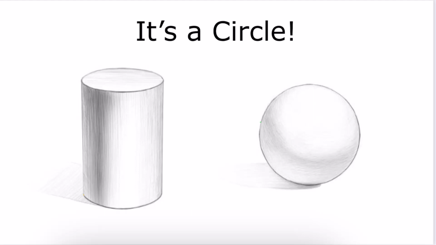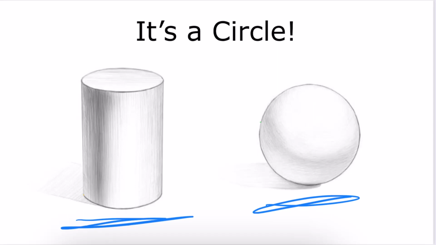And they're going to have to refine the way that they're describing it. And so they might say something like, oh, well, this one is a rectangle circle, and this one is a circle. Now, again, this is not geometrically accurate vocabulary, but it's communicating a really key concept that the students are intuitively understanding.